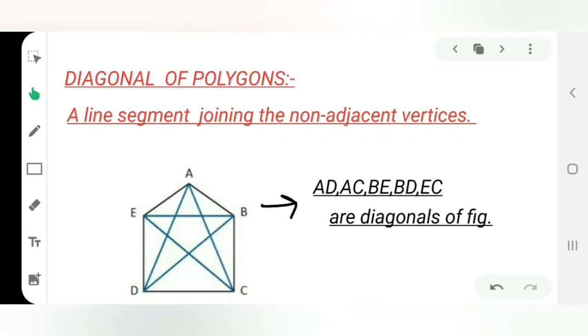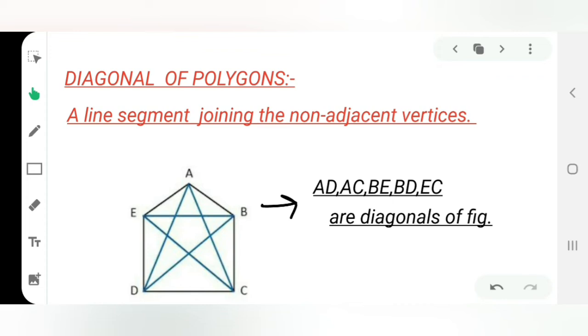After the vertex, what are the diagonals of a polygon? A diagonal is a line segment joining non-adjacent vertices. This is a pentagon, A, B, C, D and E are the vertices. AE and ED are 2 adjacent sides; the non-adjacent vertices are A and D. This is one diagonal.